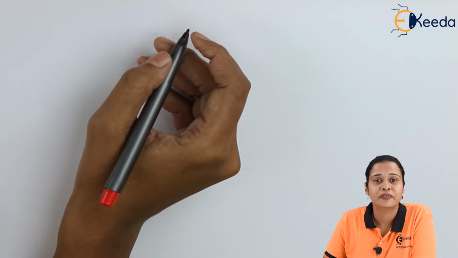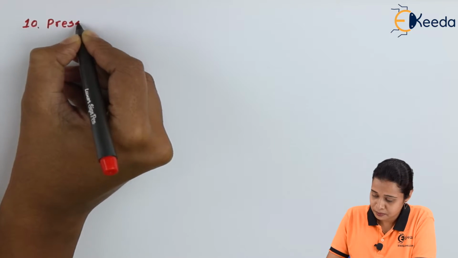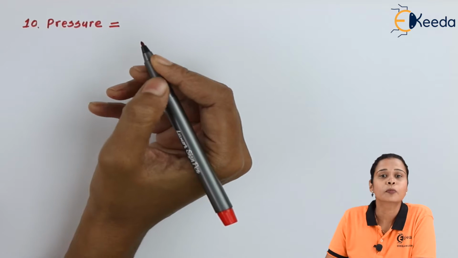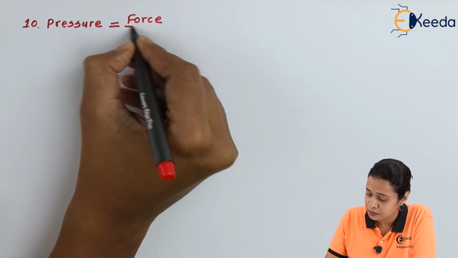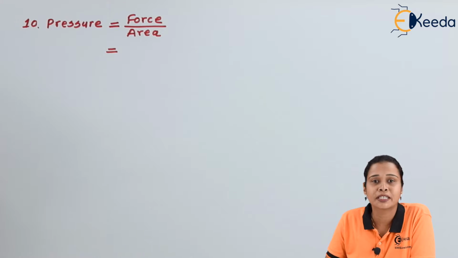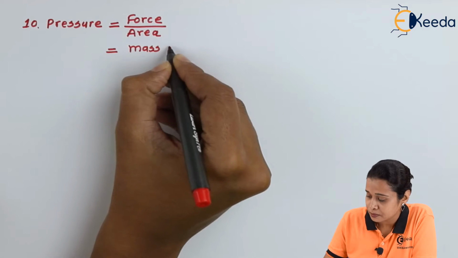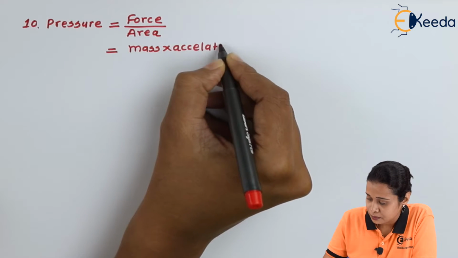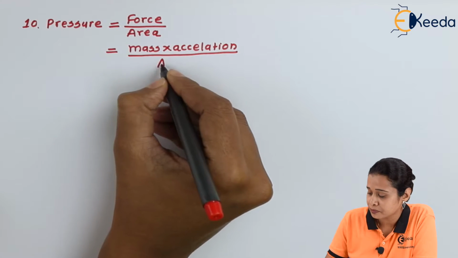Next physical quantity we will take is pressure. We know pressure is force upon area. Now force can be expressed in terms of mass into acceleration, upon area.